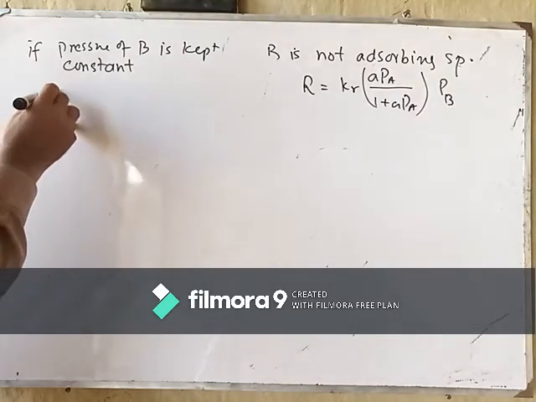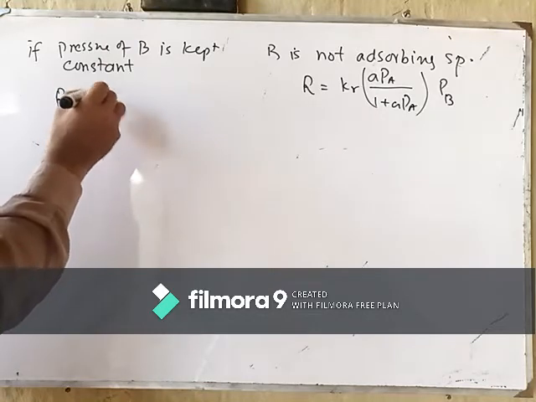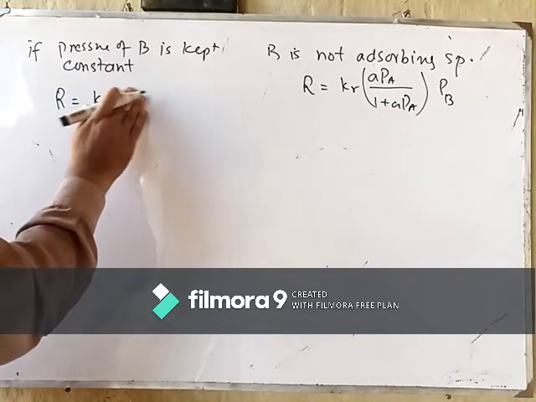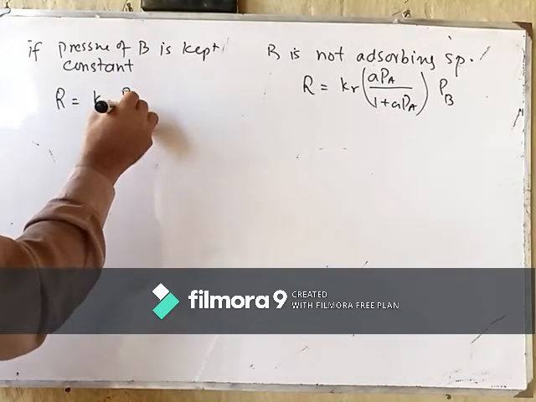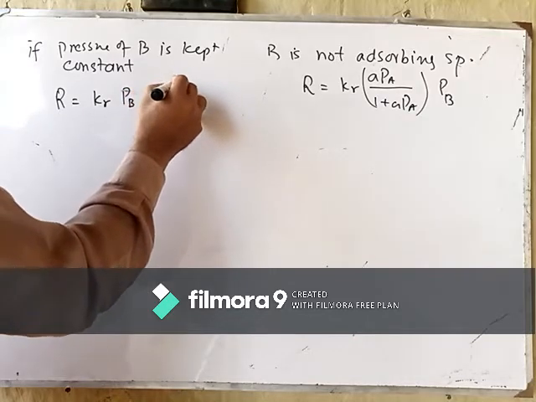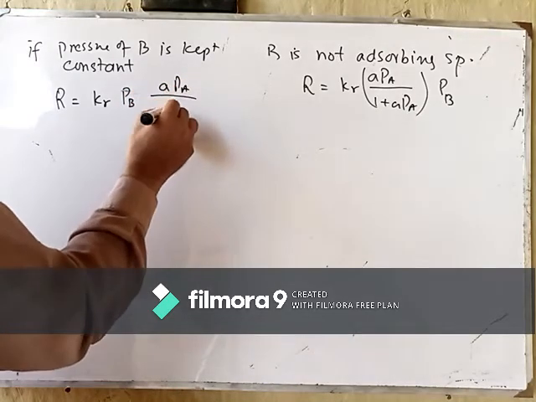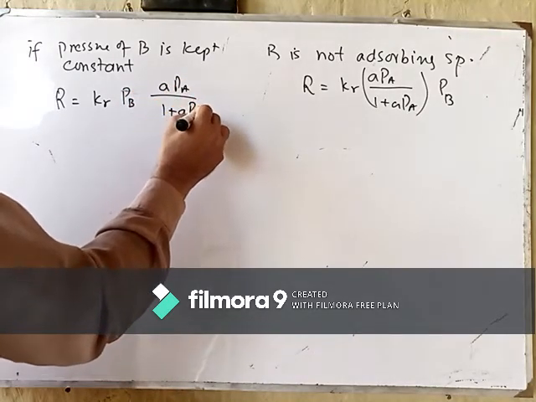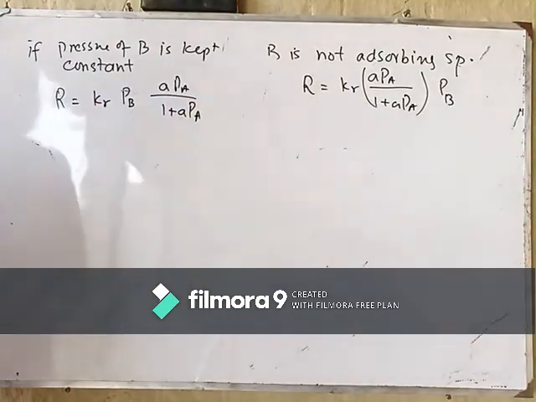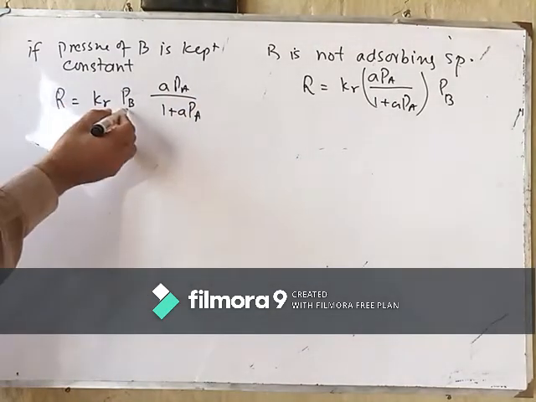हमारे पास फिर rate is equal to KR PB A PA and 1 plus A PA, ऐसा हो जाएगा. अब ये कांस्टेंट है.